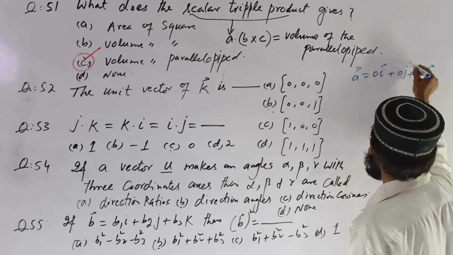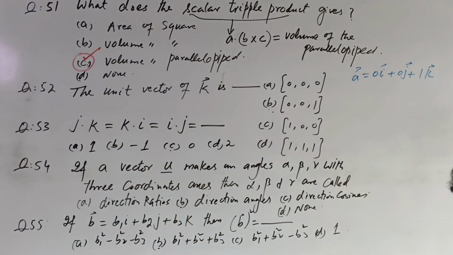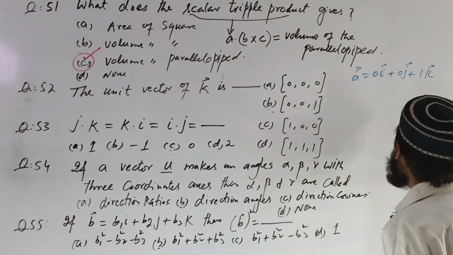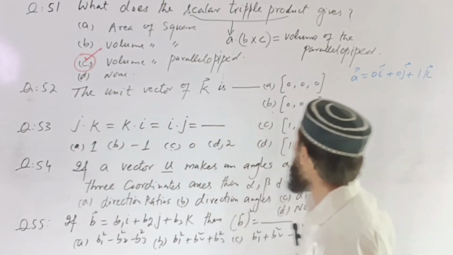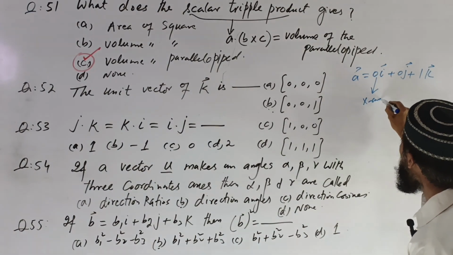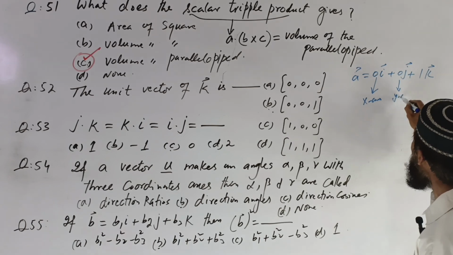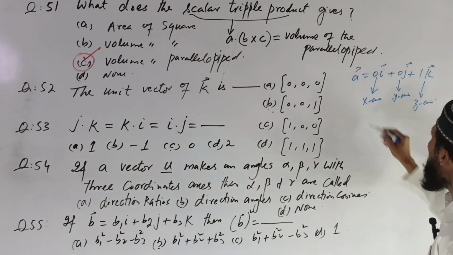That is the unit vector whose magnitude is 1, in the direction of the z-axis, where the x component is 0, the y component is 0, and the z component is 1.